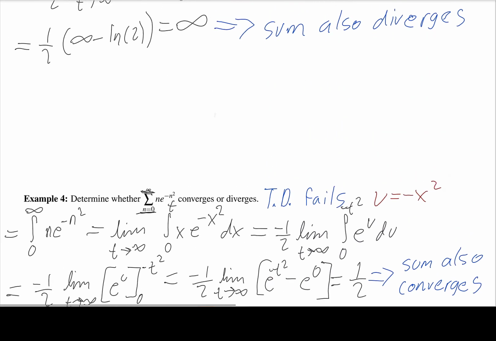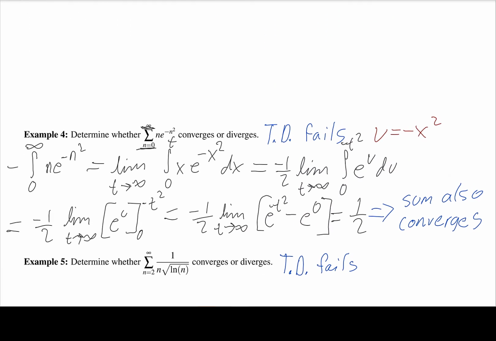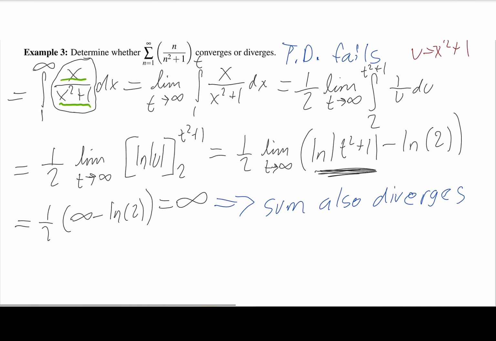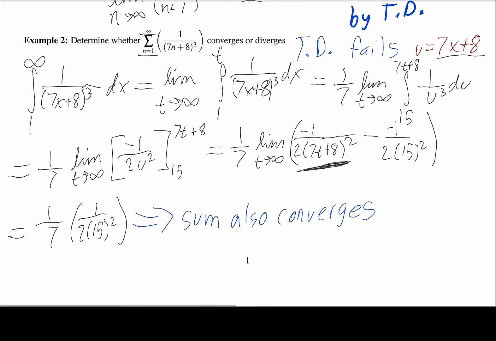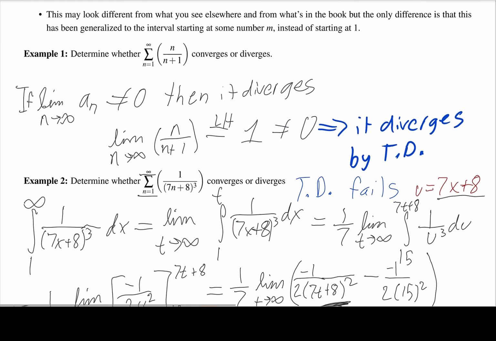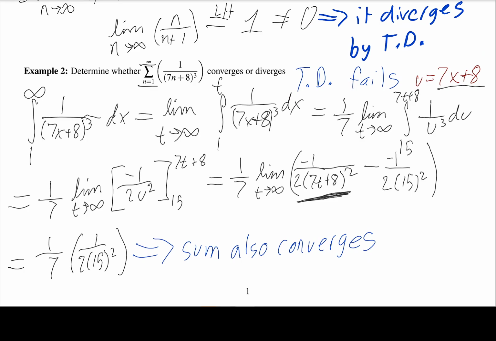I'm going to get rid of these equal signs because this is not equal to the sum, and I don't want to confuse anybody with this. Once again, the reason I'm getting rid of these equal signs that I was putting here is that this is not equal to this sum.